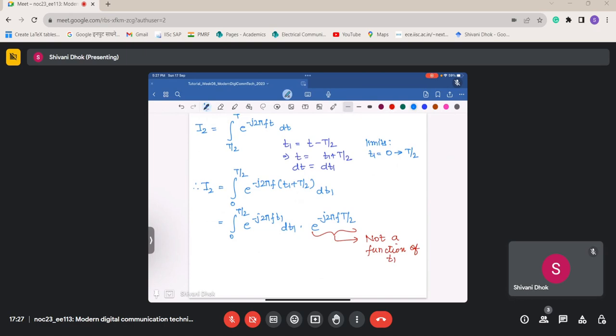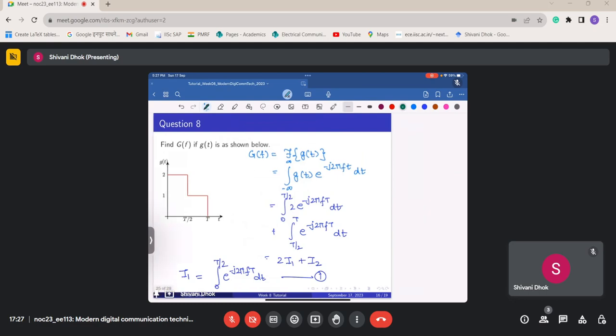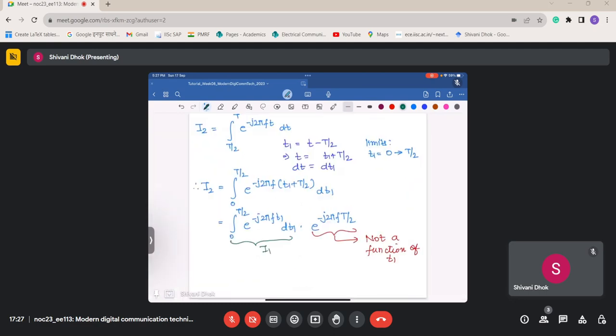So this is simply this thing here. If we compare it with equation 1, this is simply equal to I1. So this comes out to be I1 times e power minus j, this 2 and this 2 get cancelled, so this is simply e power minus j pi f capital T.